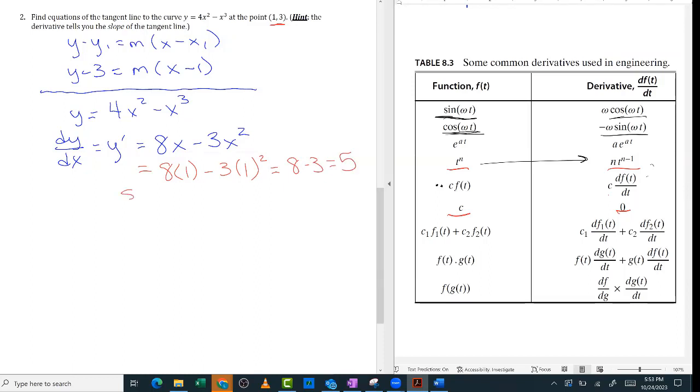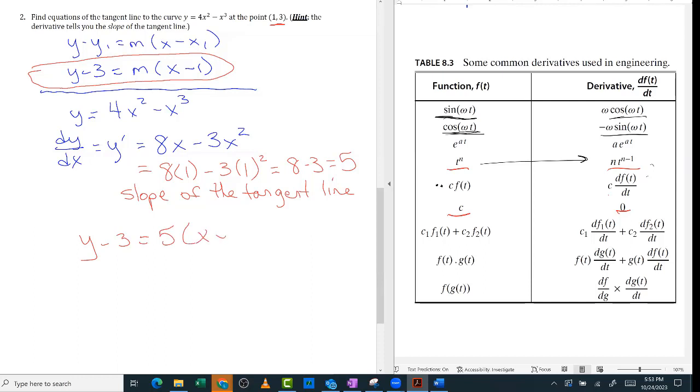This is the slope of the tangent line. I'm going to plug that in to my function, and I get y minus 3 equals 5 times x minus 1. And that is my solution to number 2.